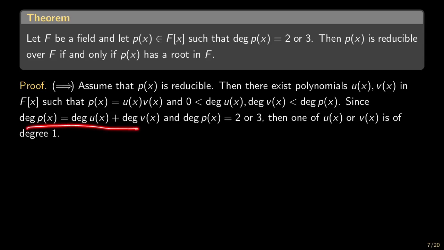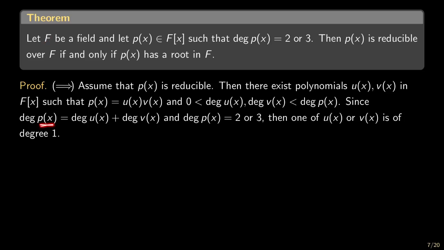Because of this equation over integral domains, the degree formula works. The degree of the product is the sum of the degrees of the factors. It works if the ring of coefficients is an integral domain.